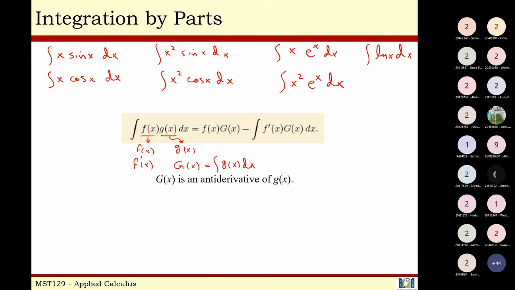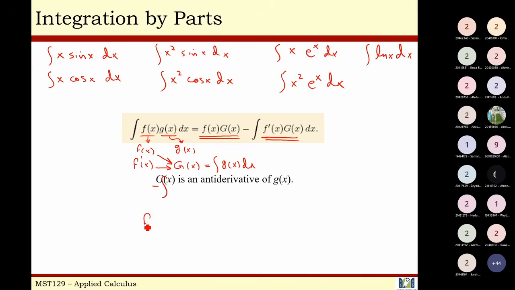Okay, how can we use f and f prime, g and g capital, the antiderivative of g, to find the integration? This is equal to f multiplied by g capital, the first one, minus the integral of f prime multiplied by g capital, like this.